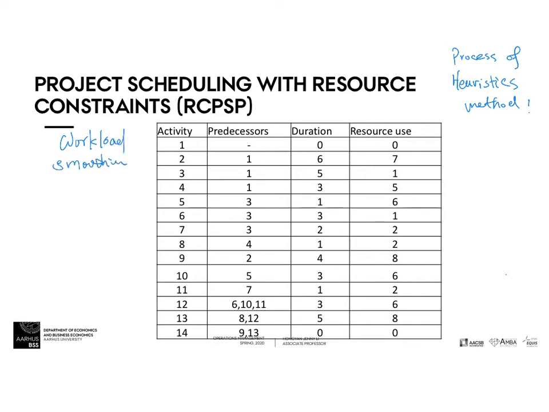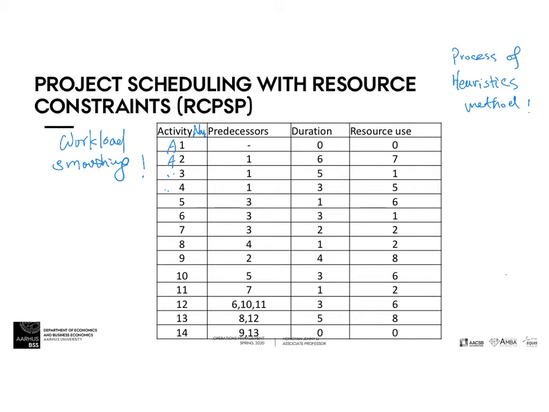If you go through the textbook, you can also see more details about how this method works. I use this case to show you the entire process. Let's say I have a project. You should be familiar with this type of table. We have the activity. You can see the activity name is not the best way, so we use numbers instead. You can also name them activity 1, activity 2, and so on.